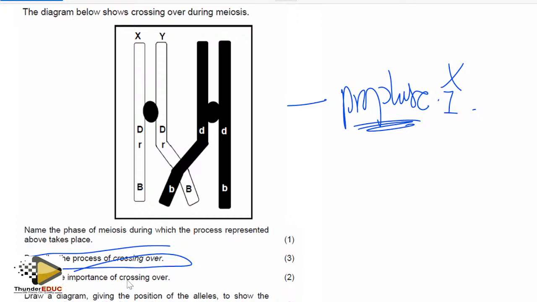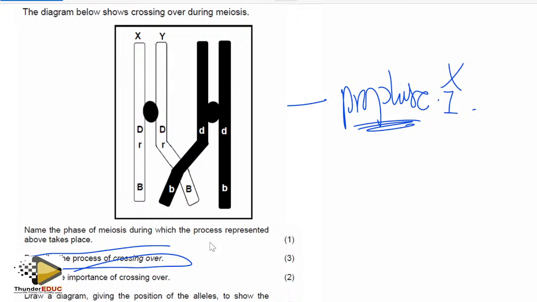Then they're saying, explain the importance of crossing over, which brings about genetic variation. Do you resemble your father? Do you resemble your mother? I always ask you a question. If you don't resemble your father and you don't resemble your mother, how sure are you? It's not personal, it's just a question. How sure are you that your father is your father?